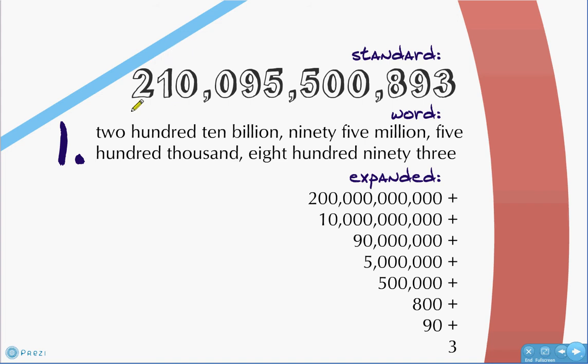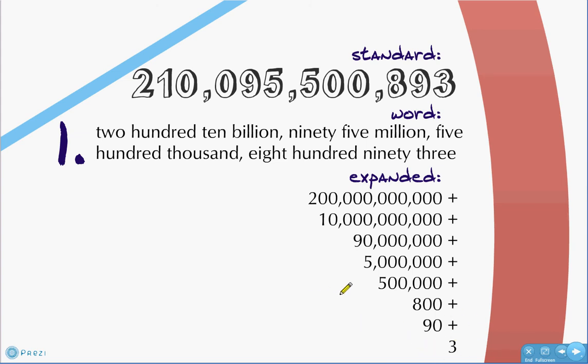So I'm going to start with billions. 210 billion, right? 95 million, 500,000, 893. Okay? Then in expanded form, I wrote it up and down, it is 200 billion plus 10 billion plus 90 million plus 5 million plus 500,000 plus 800 plus 90 plus 3.